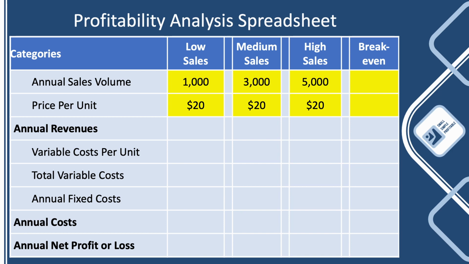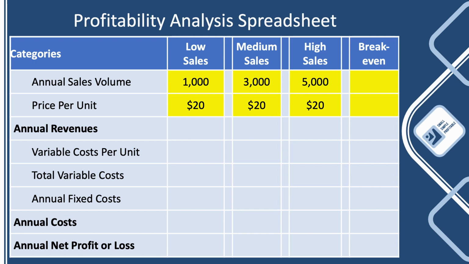Now we can work on estimating the annual sales volume. Start by estimating the worst-case prediction of potential customer sales, which you will then put in the low sales column of the spreadsheet. Then you'll estimate your best-case prediction of potential customer sales, which will go into the high sales column of the spreadsheet.